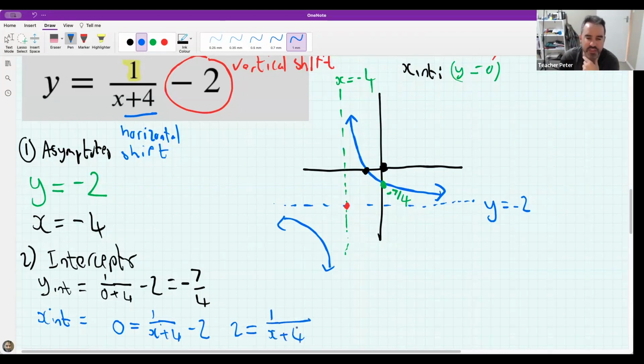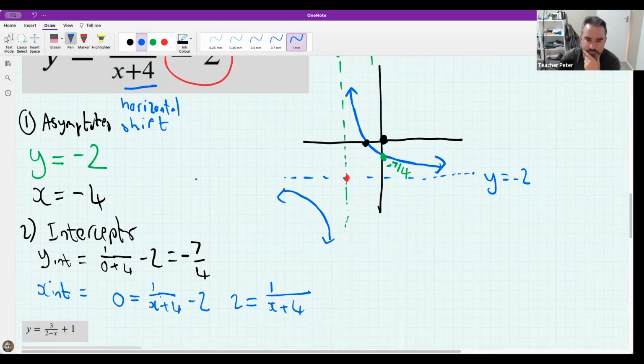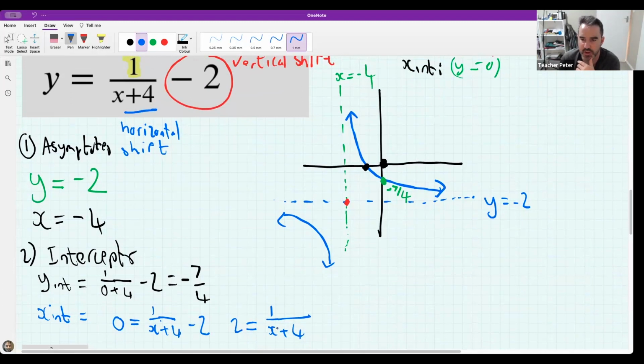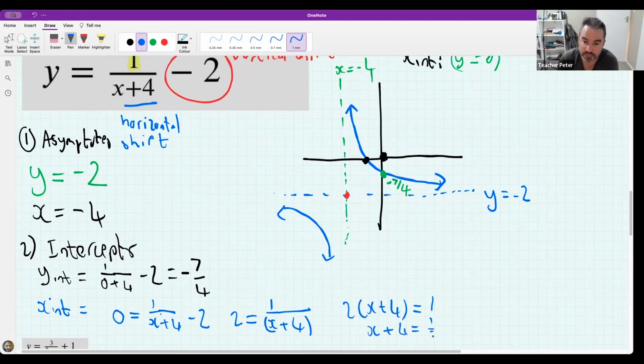Okay, now I don't know, can any of you see the answer straight away at this point, or do you think I probably need to do a bit of working out? So I'm going to bring the x plus 4 to the other side, and I'm going to get 2 times x plus 4 equals 1. And then I'm going to bring this 2 across. So I get x plus 4 is a half.